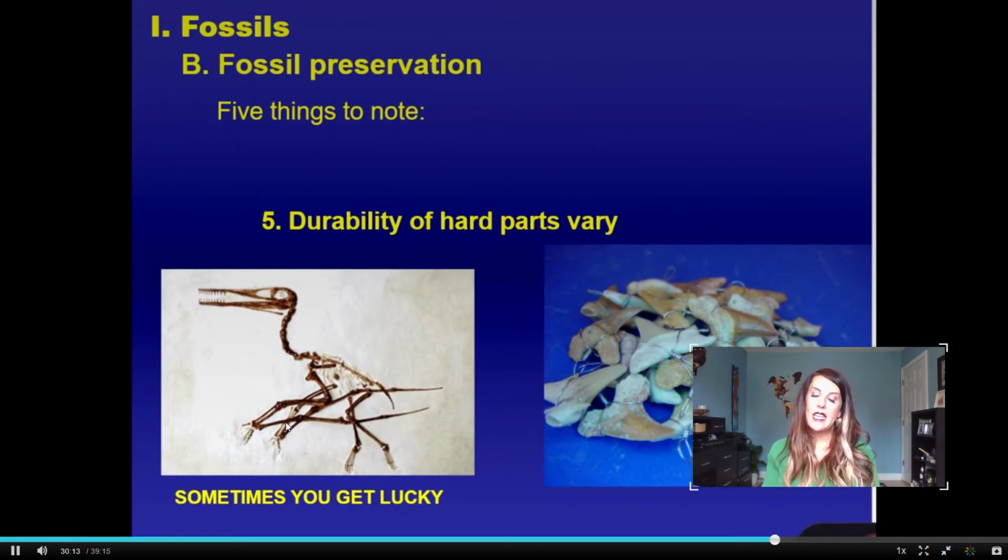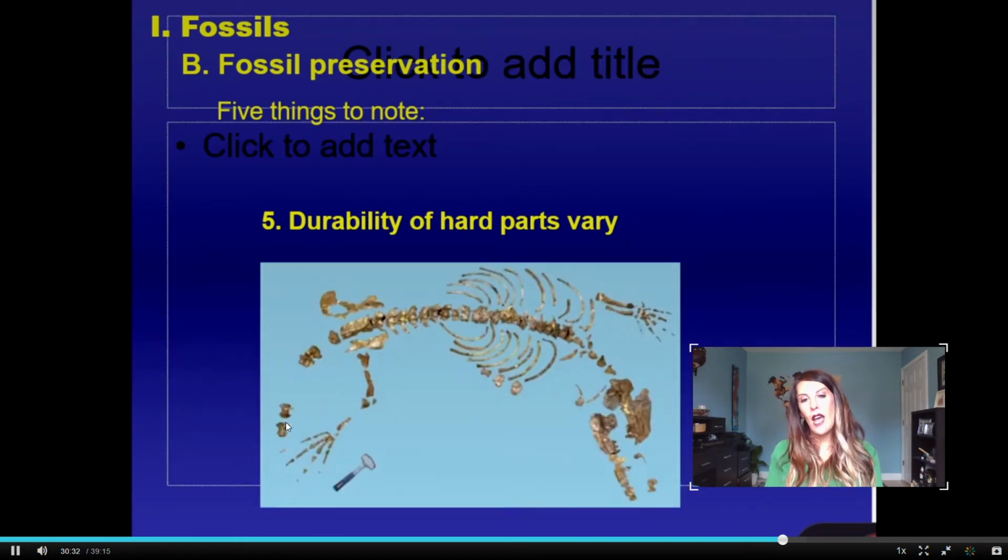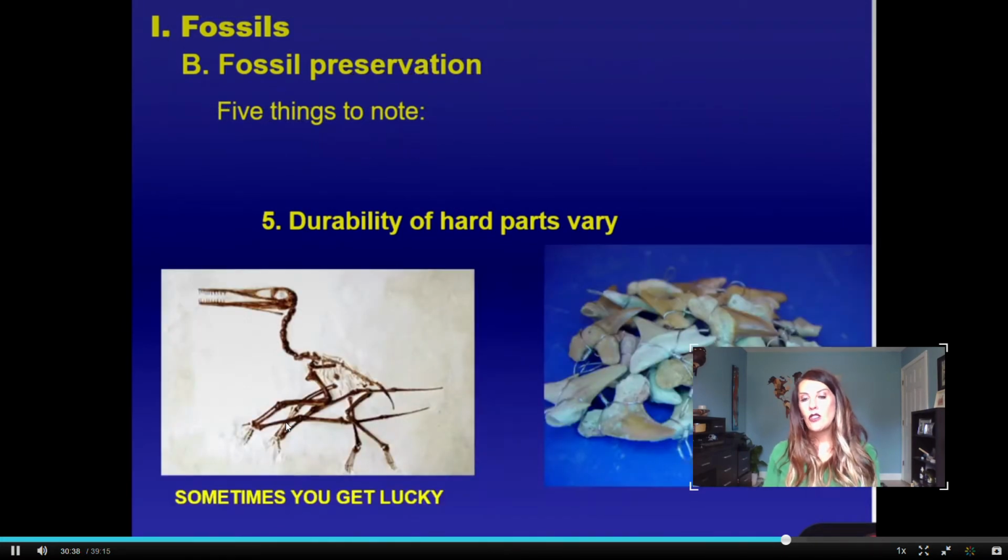And then the last thing we talk about is the durability of hard parts. When we look for a fossil and we look for things like a skeleton, it's very rare to find one that's complete. That just doesn't usually happen. Instead, you find the presence of things that have harder parts that are more likely to be preserved.